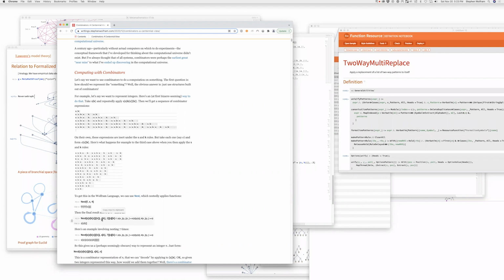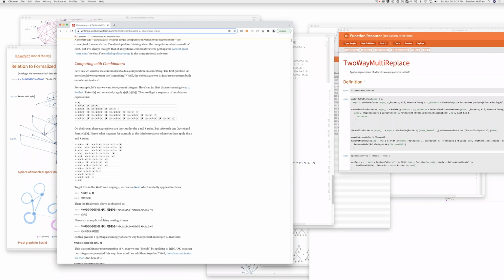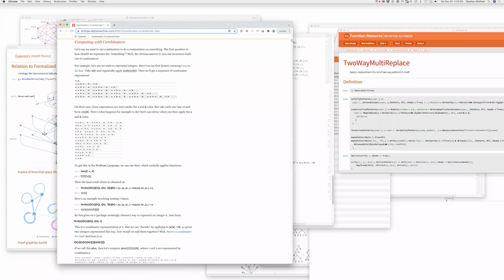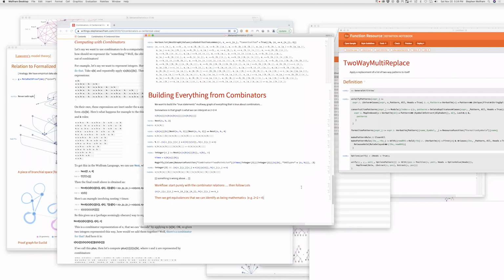Oh, that's a successor function there. Yeah, we can decode integers by applying to S of K. Okay, so basically what we have to do.